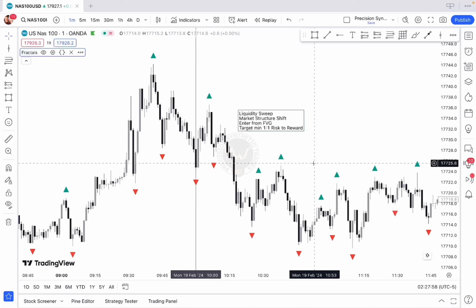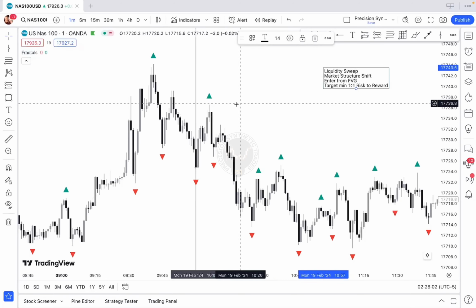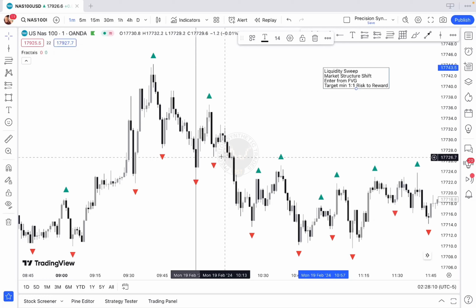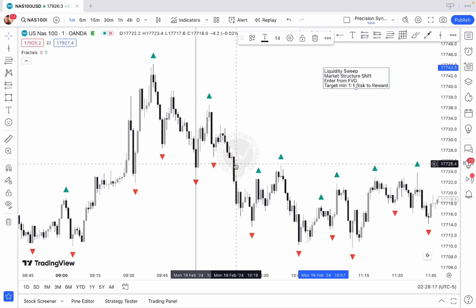So we are going to use these fractals. Now a fractal shows you the highs and the lows, fractal highs and fractal lows. So if you put the setting at 2, it's going to show you a high and low on every single one. We don't want that. We just want to make it a little bit simpler.